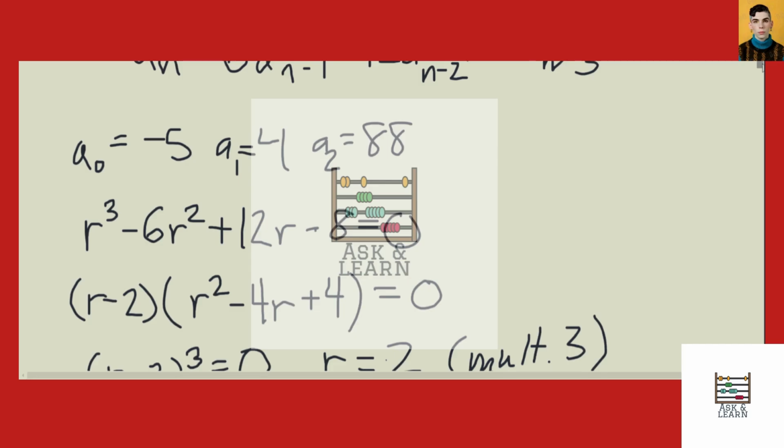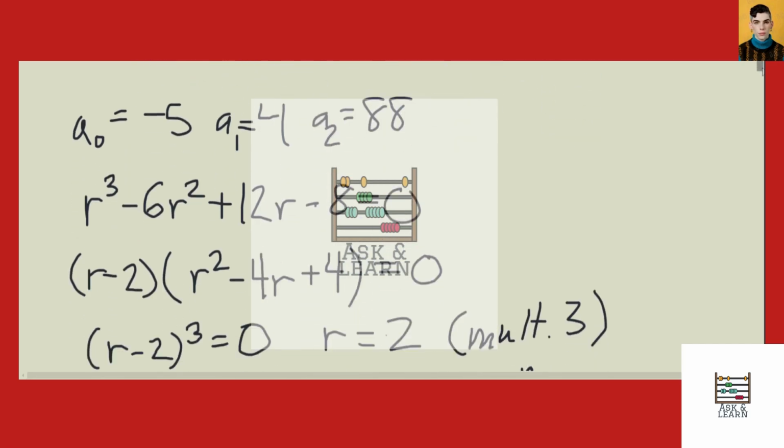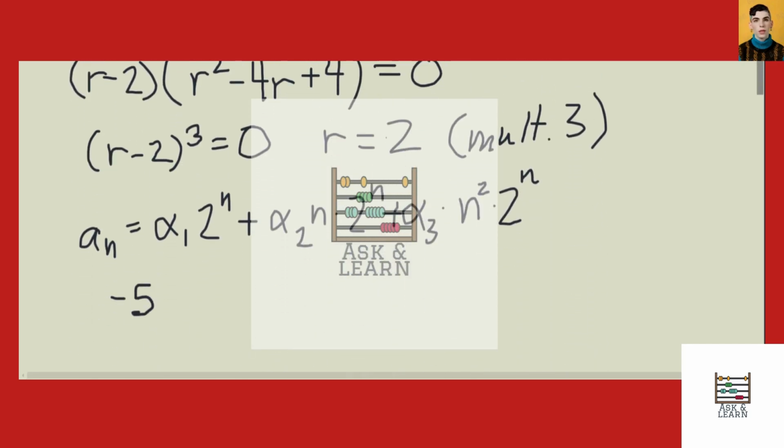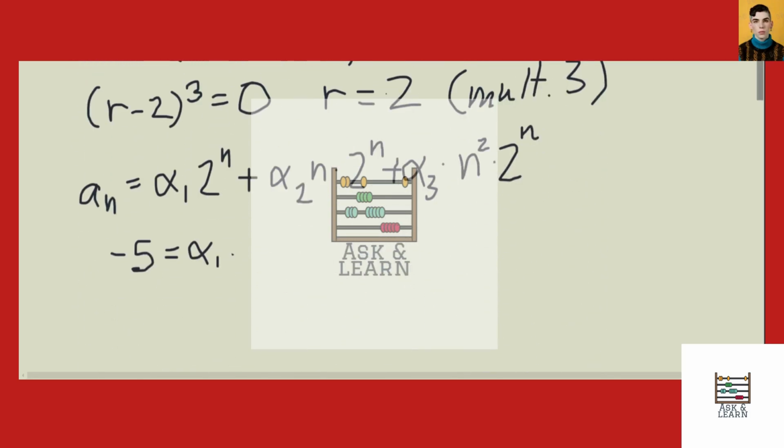And with our initial conditions, we obtain the system of equations. Negative 5 equals alpha 1. And we have that 4, which is a_1, is equal to 2 alpha 1 plus 2 alpha 2 plus 2 alpha 3.